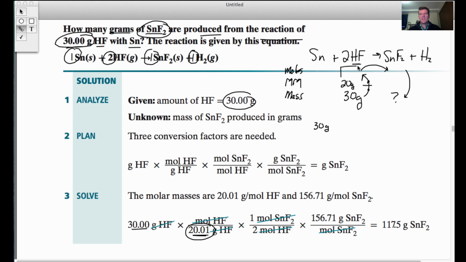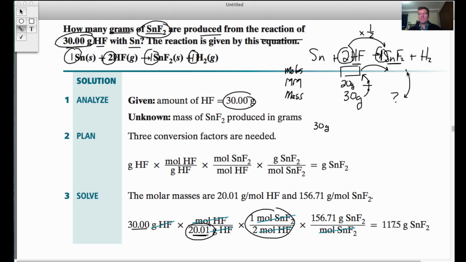That would give me this value right here. Then I want to go from moles of HF to moles of SnF2. Well, it is a 1 to 2 ratio. The moles of SnF2 is always half the moles of HF. So I'm going to multiply by this mole ratio of 1/2. That's what they're doing right here.